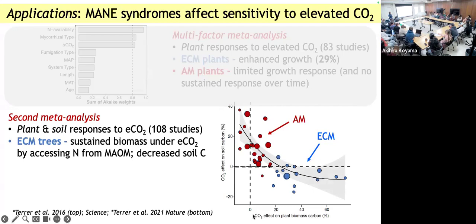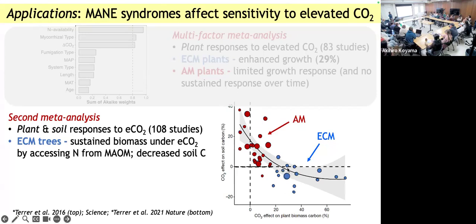On this x-axis, we have the CO2 effect on the plant biomass carbon. The blue is ECM. You can see a lot of these numbers are 20, 40, 60%. They grew bigger when exposed to CO2. Now, the y-axis is how they responded in terms of the soil carbon.